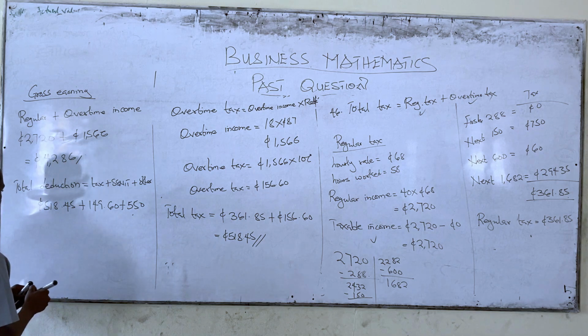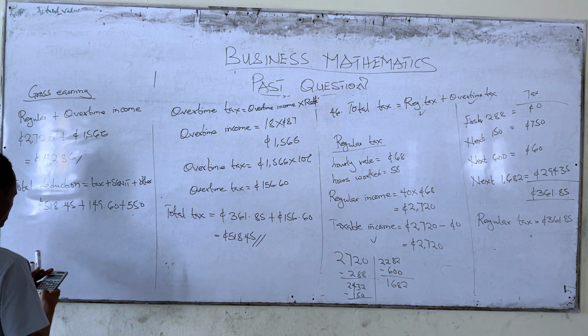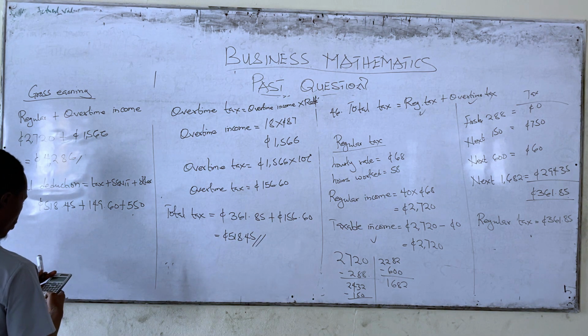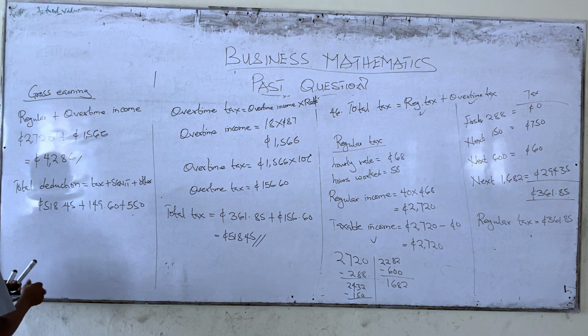So when you add everything, 518.45 plus 149.60 plus 550. Okay, so you are going to get 1218.